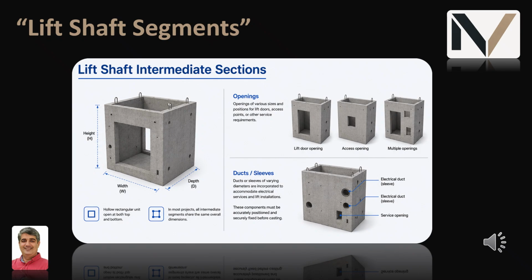However, each intermediate section may contain openings of various sizes and positions for lift doors, access points, or other service requirements. These openings must be carefully considered during mold preparation and concrete casting. Additionally, ducts or sleeves of varying diameters are often incorporated to accommodate electrical services and lift installations. These components must be accurately positioned and securely fixed before casting.